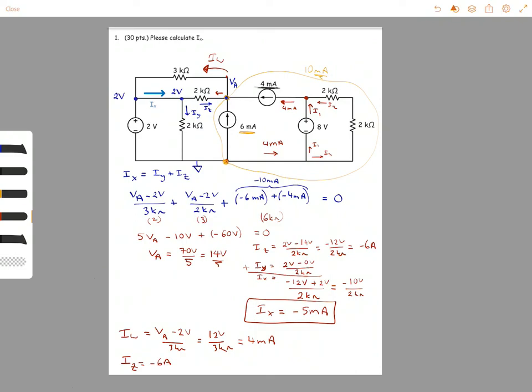So we have minus IZ plus IW plus minus 6 milliamps plus minus 4 milliamps equals 0. Our minus IZ would make 6 milliamps, plus 4 milliamps, minus 6 milliamps, minus 4 milliamps equals 0, and that is correct.